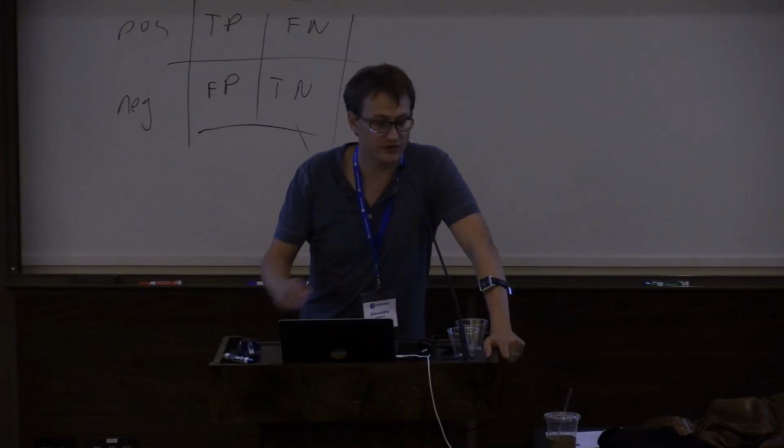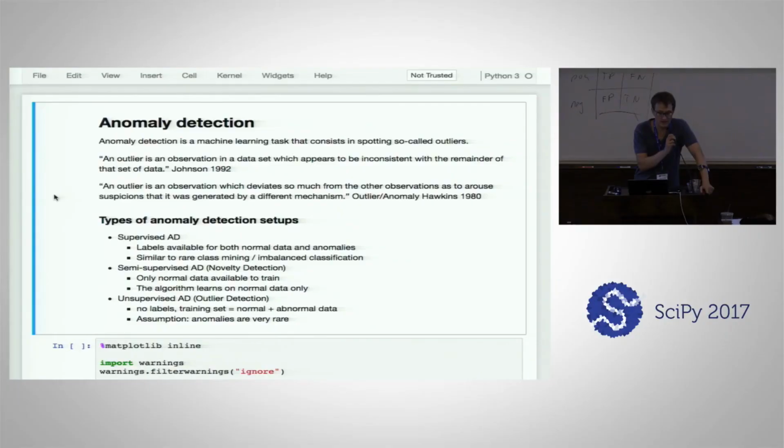As you'll see, this idea of anomaly is kind of a fuzzy concept, but still at least two people have tried to define it. Let me just read this with you. The first one is this quote from Johnson, which says an outlier is an observation, so a sample in a data set, which appears to be inconsistent with the remainder of the set of data. It's a really hand-wavy explanation.